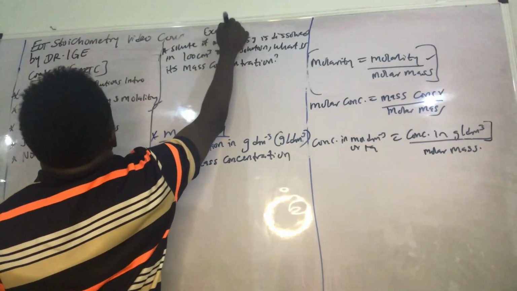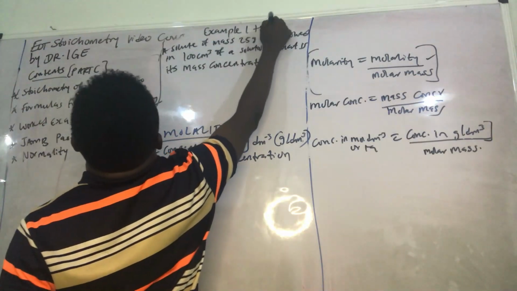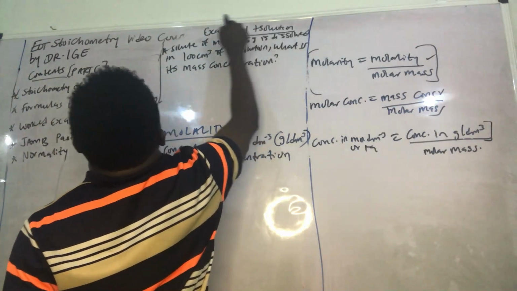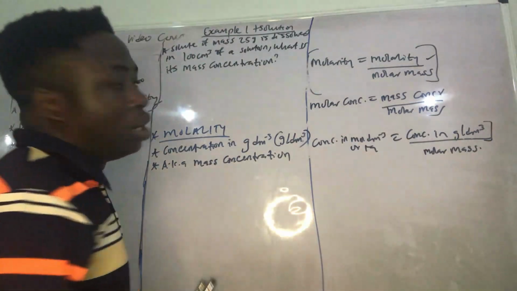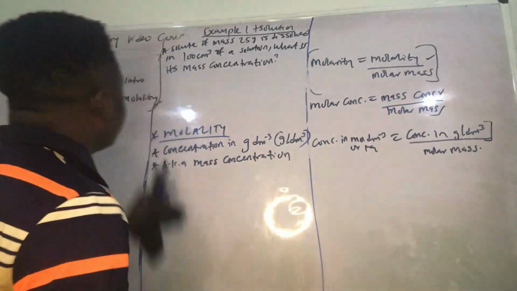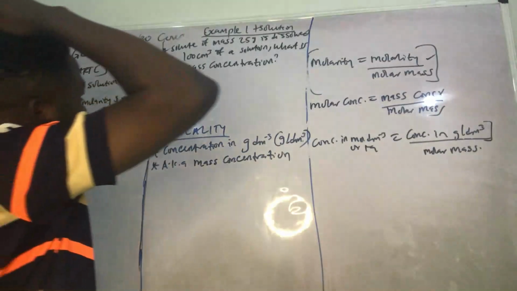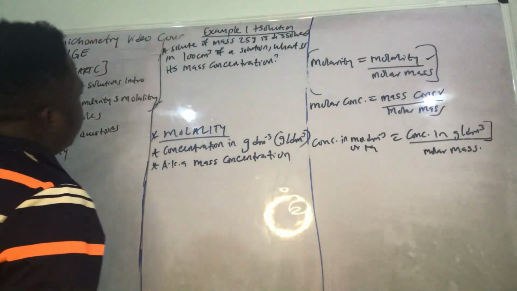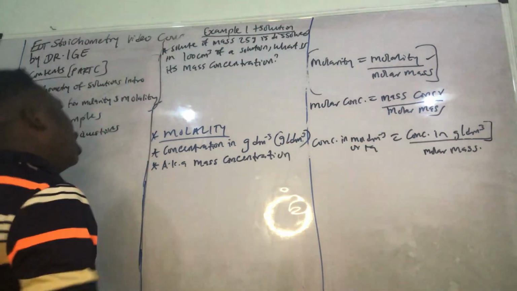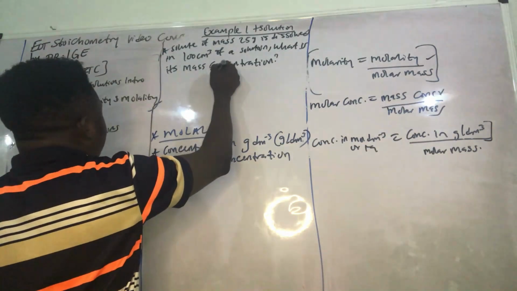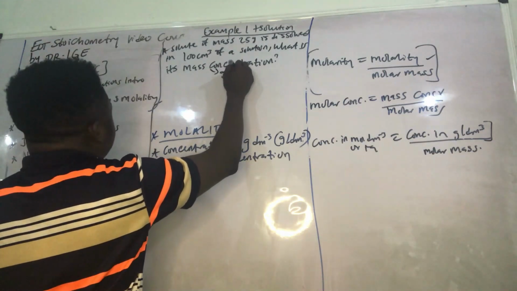Let's call this example 1, and I will solve it. The question says a solid of mass 25 grams is dissolved in 100 cm3 of a solution. What is the mass concentration in gram per dm3?